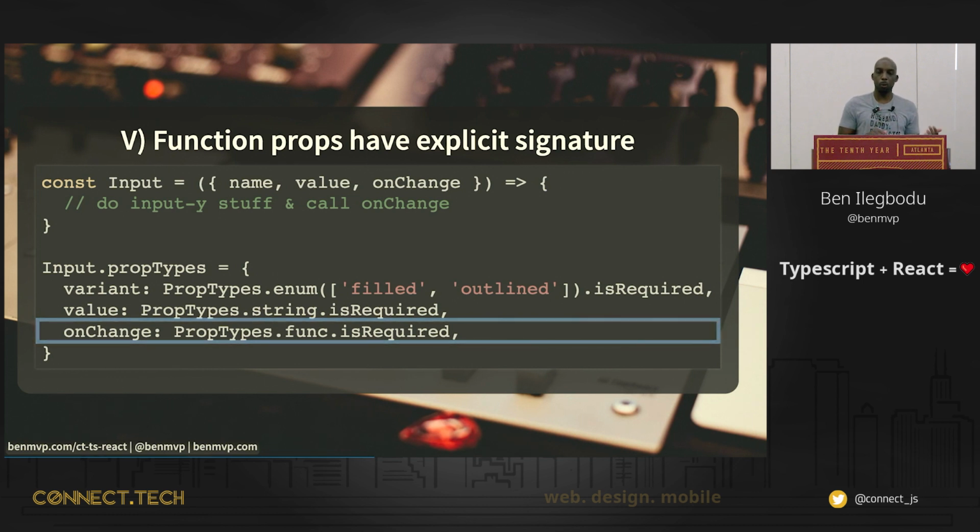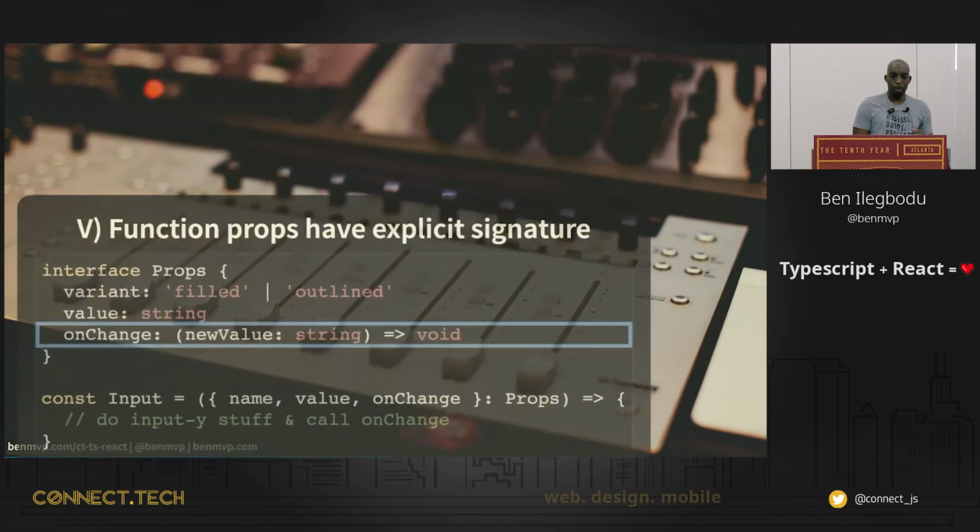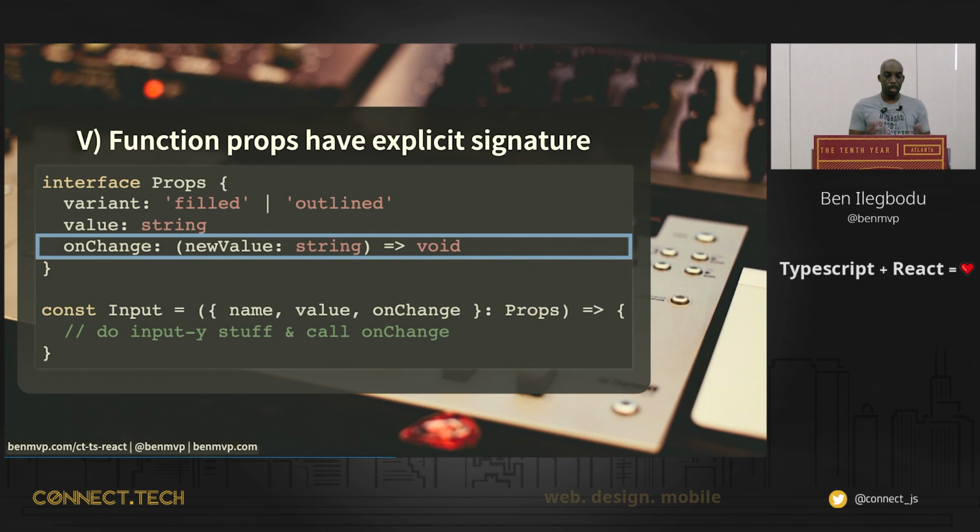And in the prop types world, the only prop type we have is PropTypes.func. And we can throw isRequired on the end of it, but we never get to specify how many arguments are going to be passed to my function. Is it going to return some things? There's no more detail than just saying that it's a function. So you just never know. But now in TypeScript, just like everything else, we have to define the shape of the function.